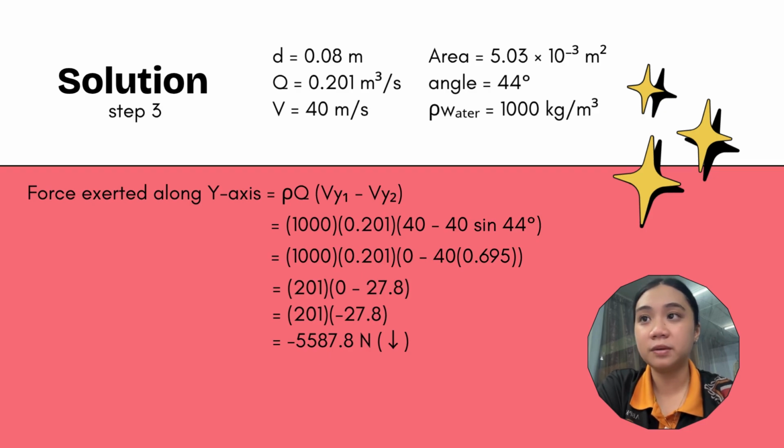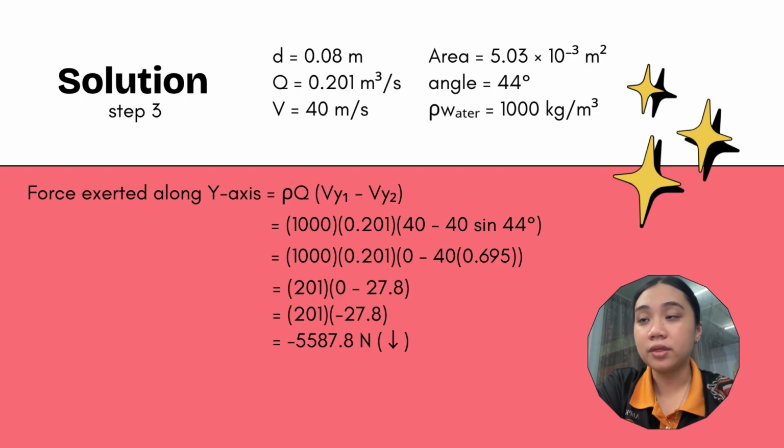You will times 1000 times 0.201 times 40 minus 40 sin 44 degrees, and then you will get 1000 times 0.201 times 0 minus 40 times 0.695.